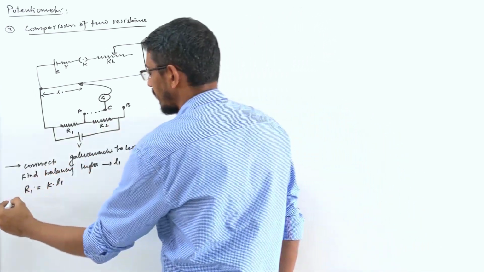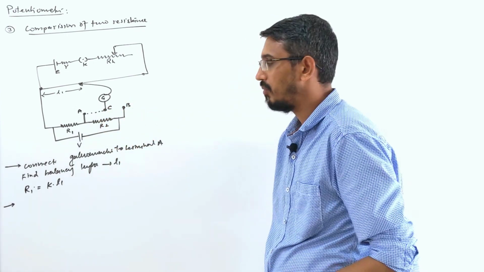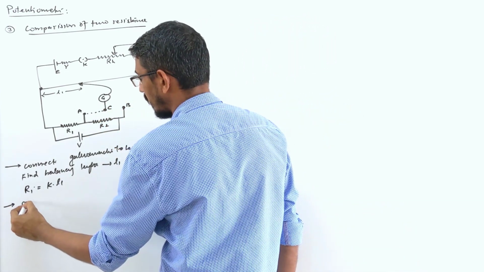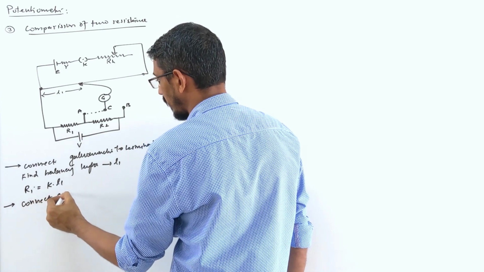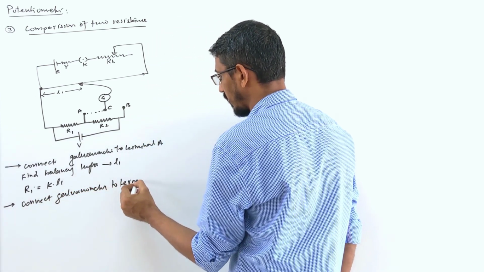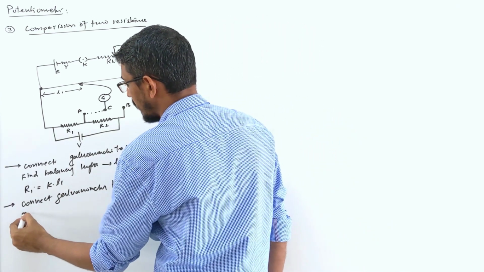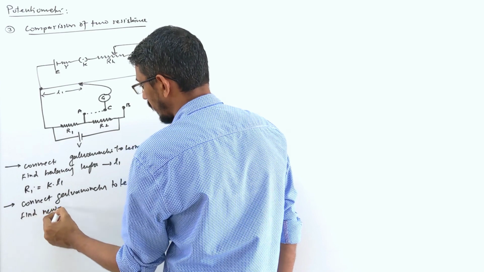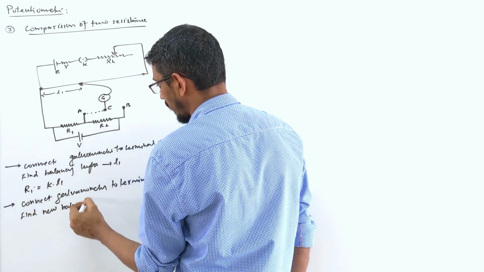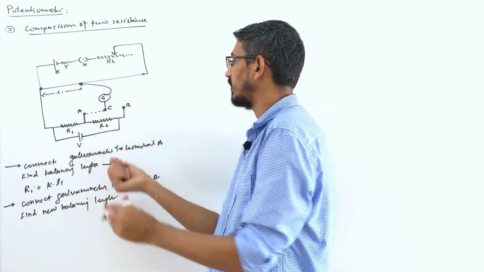Now the second step: you connect your C terminal to B terminal. Means connect galvanometer to terminal B and find the new balancing length. So what happens when you connect B terminal, C and B?